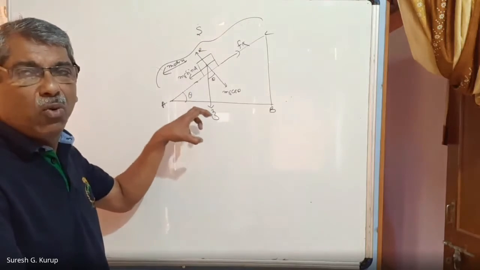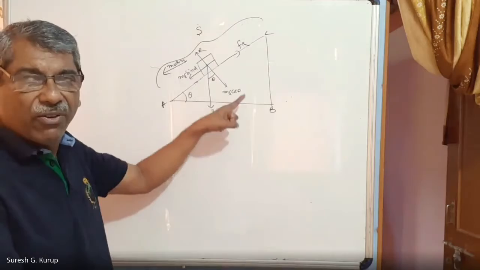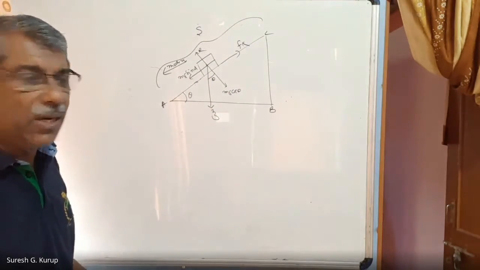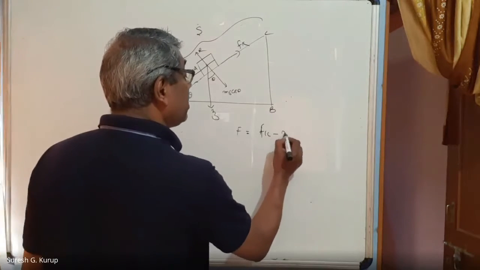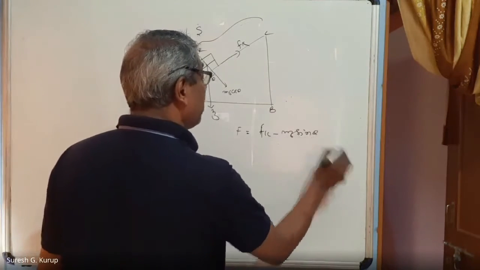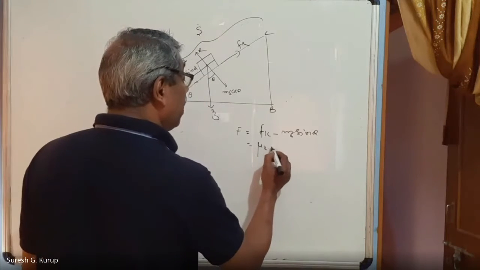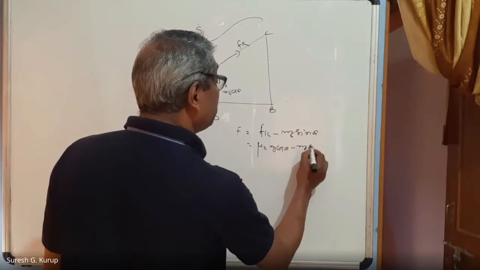For the body to move with uniform velocity, the force acting can be given as F is equal to fk minus mg sin theta. fk is equal to mu k into mg cos theta, minus mg sin theta.